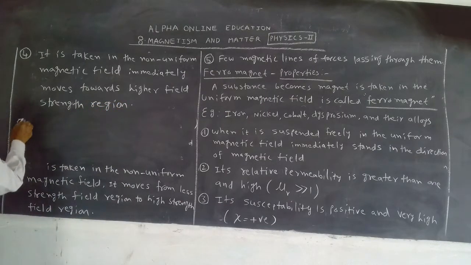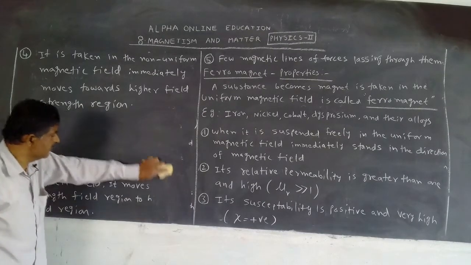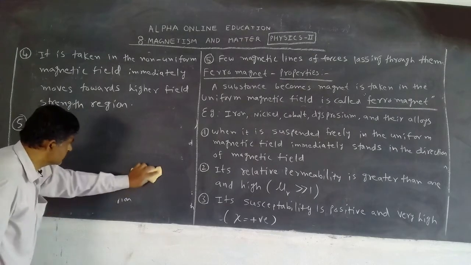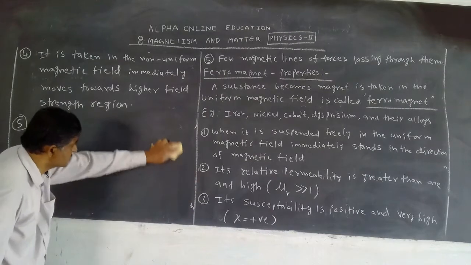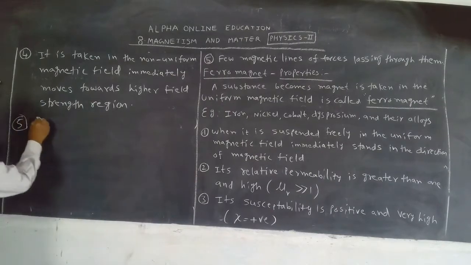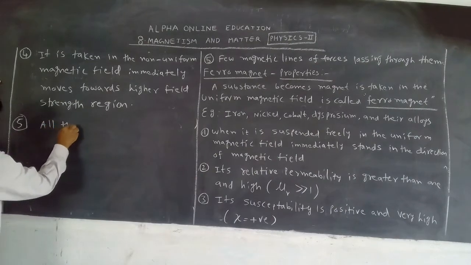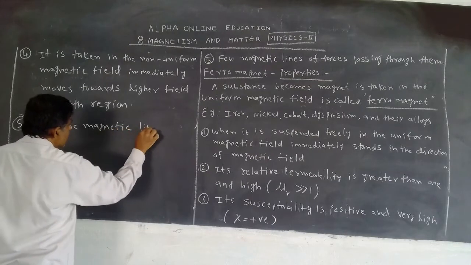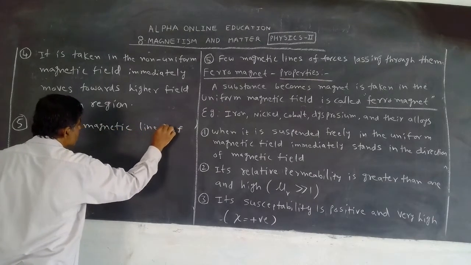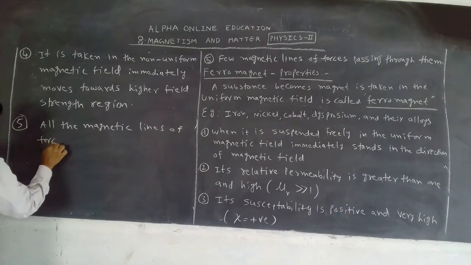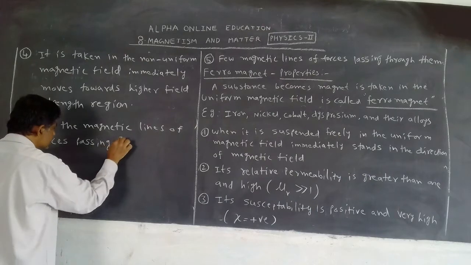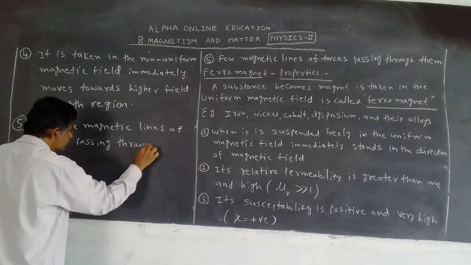Now, last property. When it is taken in the uniform magnetic field, all the magnetic lines of force are passing through it. Means when it is taken in the external magnetic field or uniform magnetic field, all the magnetic lines of force are passing through them.